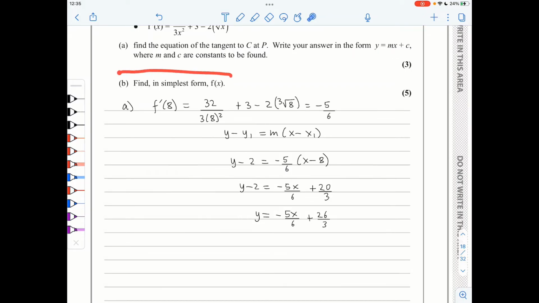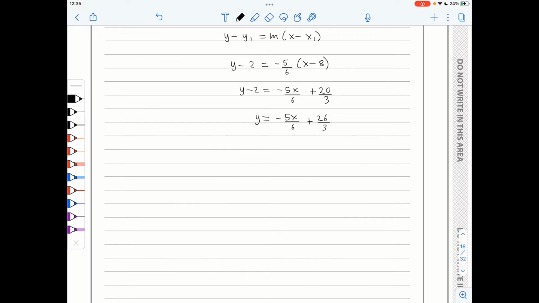Part B, we need to find, in its simplest form, f of x. Now we will start by integrating, because we've got the derivative function. To go back, we need to integrate. So f of x is the integral of f dash of x dx, which is the integral of 32 over 3x squared plus 3 minus 2 times the third root of x dx.